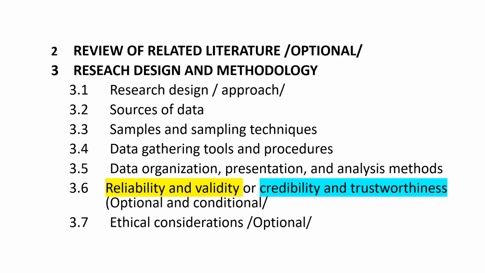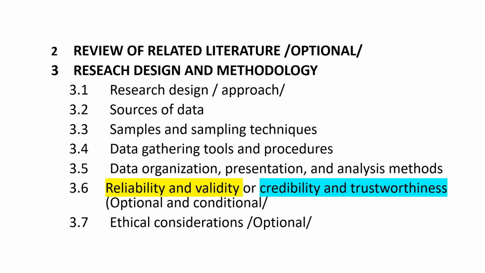The second chapter in a research proposal and a research report is the review of related literature. This is optional, specifically in a research proposal. As I've said, optional means it depends on the guideline you are following. The third one is research design and methodology. In research design and methodology, the first one is research design and its approach.